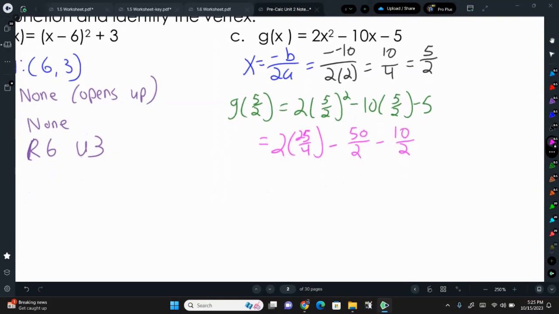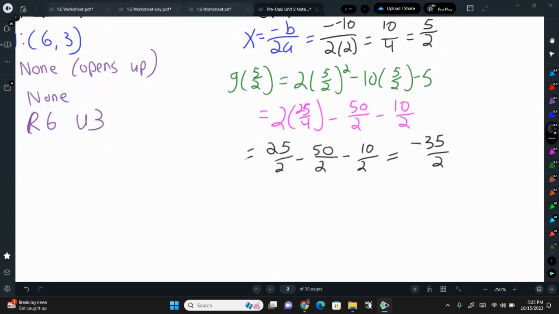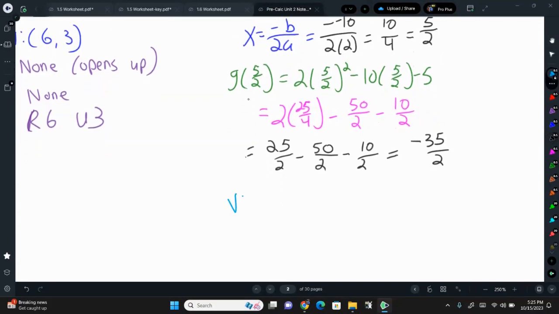All right, then this equals 2 times 25 over 4 reduces to 25 over 2 minus 50 over 2 minus 10 over 2, and that will give me negative 35 over 2. And if you want to make that a decimal, you can. So that means our vertex is 5 over 2, comma, negative 35 over 2.